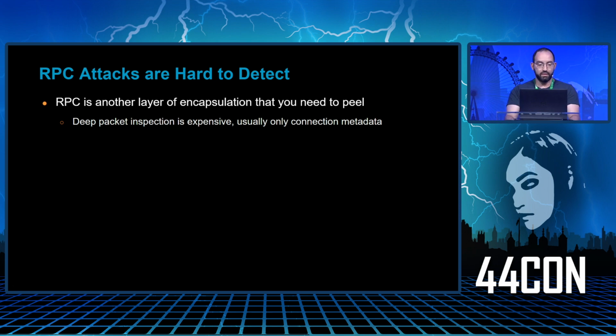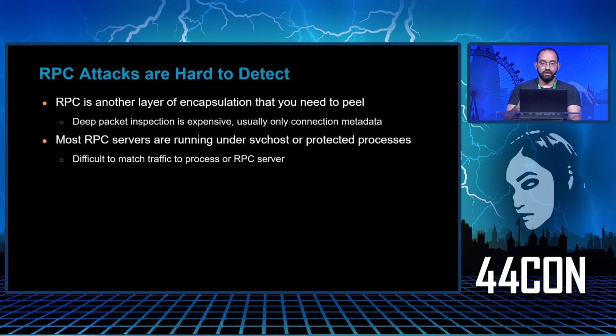And deep packet inspection is expensive, usually. So most network defense tools usually just show or parse the connection metadata, like source and destination and ports. Not only that, even if you wanted to see the process to tag the connection, most of them are running under svchost or as protected processes. I'm talking about RPC servers specifically.